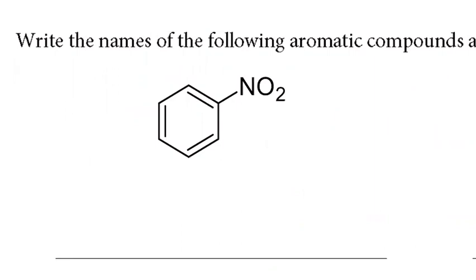Let me know in the chat, do we need a number to identify the location of the substituent? Yes or no? I like those no's. Let me make sure that I have more no's in the chat. I just want to know that people get this.